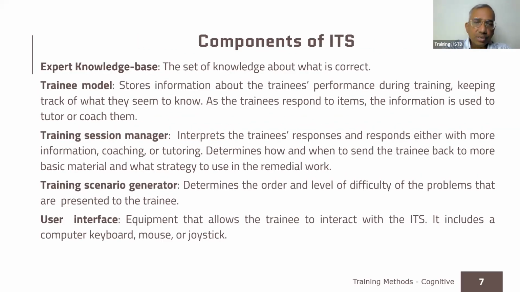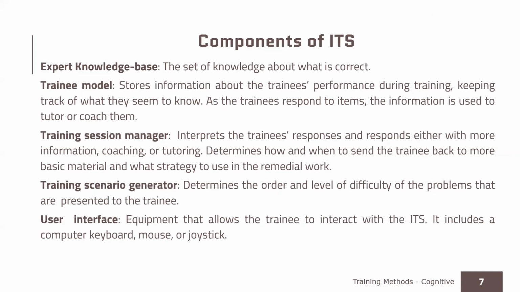So what are the components of ITS? I mean, to deliver this kind of training, what is it that the architecture should have? First of all, the training system should have some expert knowledge base, which is produced by the subject matter experts. SMEs develop the content for the ITS.